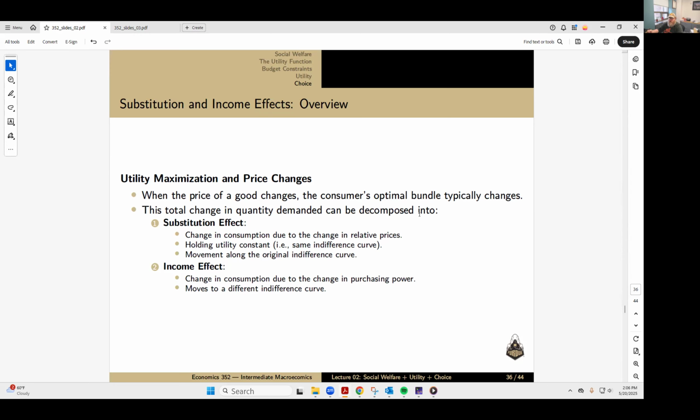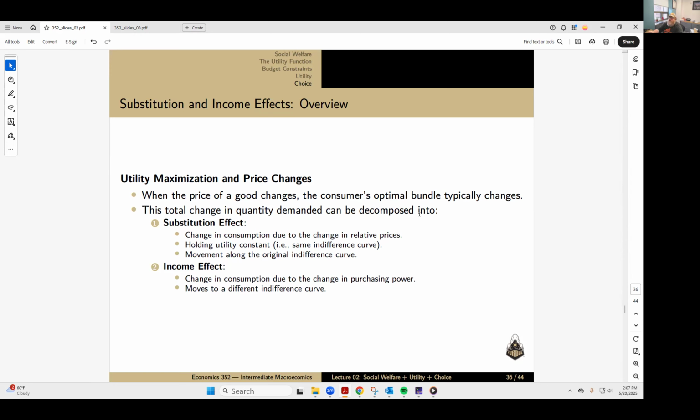And so one of the more interesting parts of utility maximization is these income and substitution effects. When the price of a good changes, to what extent does it trigger substitution, and to what extent does it trigger income effects?